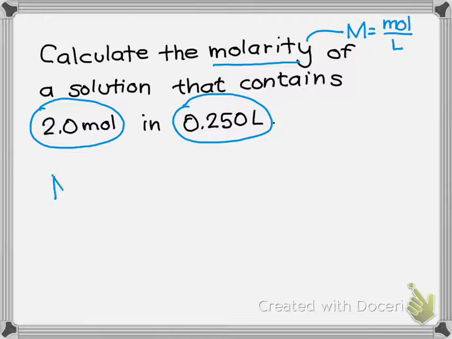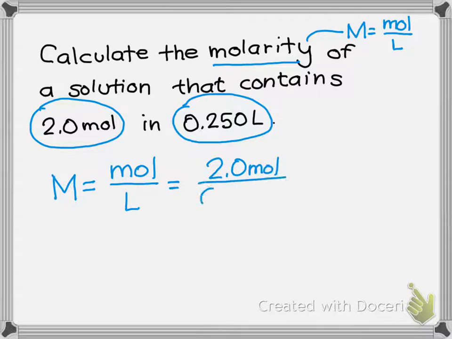This is the simplest of all the molarity concentration problems, because all I have to do is take the moles that I was given and divide it by the liters that I was given, and then I have my molarity.